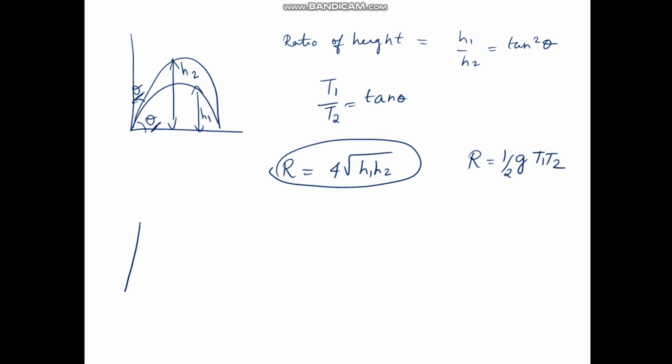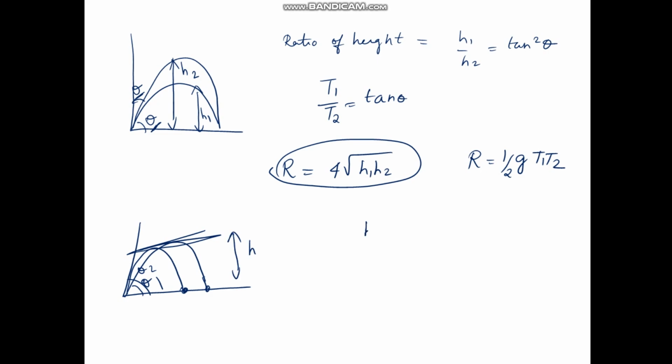Now let us see another special case. Suppose this is theta 1 and this is theta 2, in which the first projectile reaches this point and the second projectile reaches this point, and in all the cases the height obtained is the same, h.